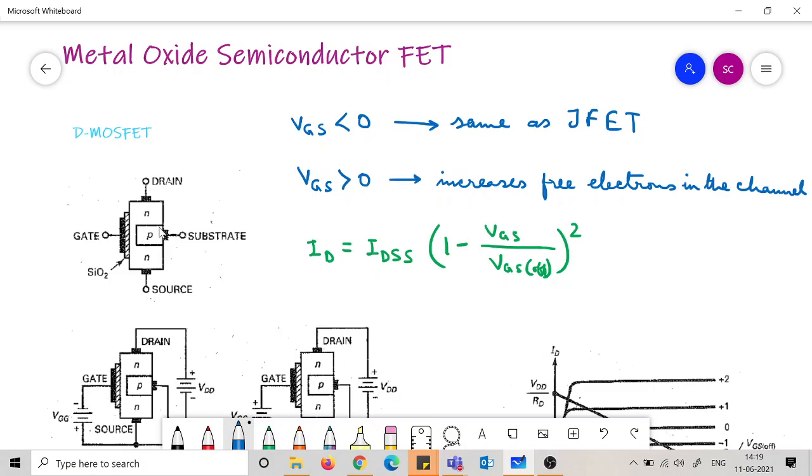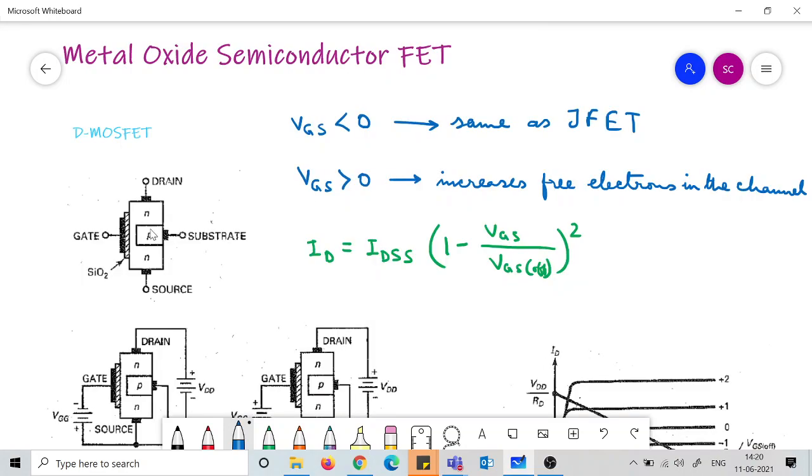The holes from the p area are getting attracted to this substrate lead.